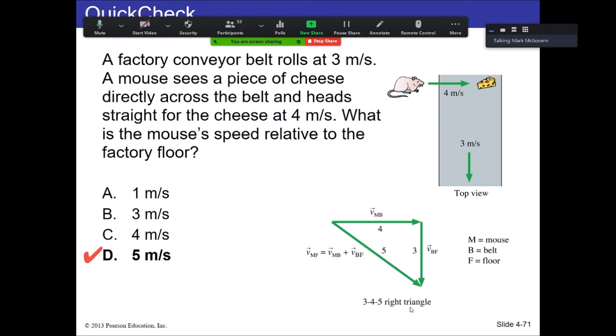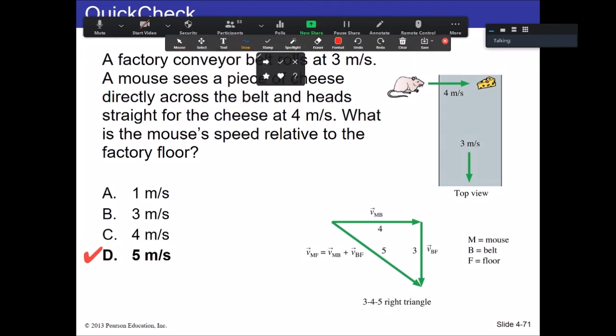Now, this is a two-dimensional problem. As soon as it becomes two dimensions, you're going to want to throw some vector notation on these things. You've got V_MB, that's the mouse relative to the moving frame. That's 4 i hat. And then the velocity of the moving frame relative to the floor, that's the frame velocity. That's minus 3 j hat, if I make a standard coordinate system with x and y like that.